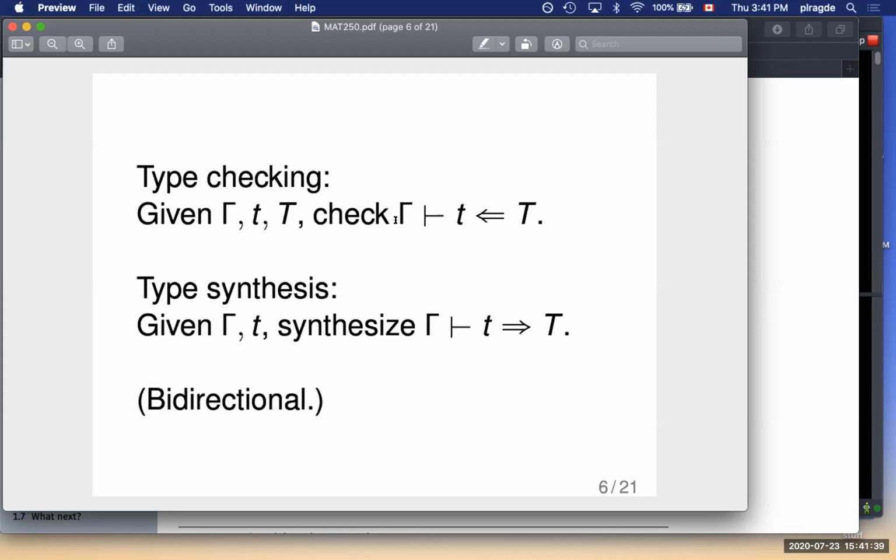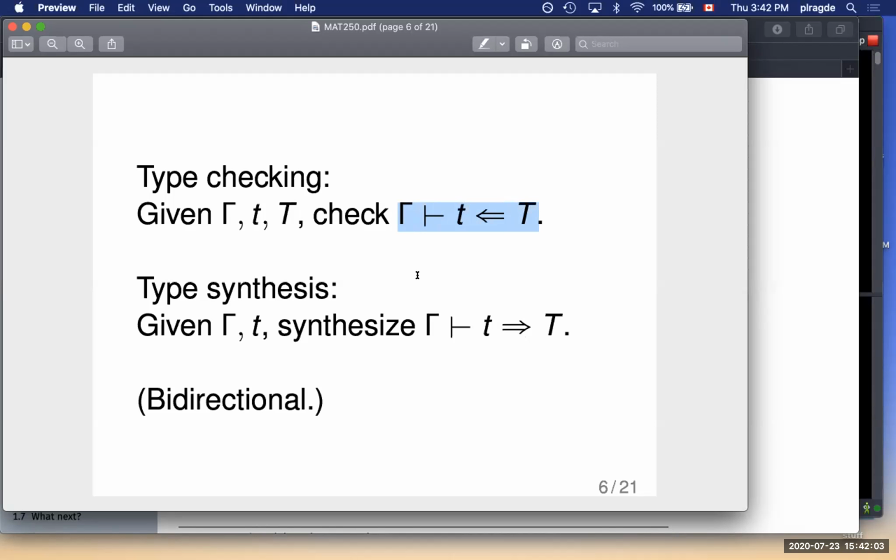So the sequent here is a relation between three quantities: gamma, little t, and big T. And it says these three quantities have the following relationship. Right? Equality is just a relation between two things, what's on the left side of the equal sign and what's on the right side. Here we have a relationship between three things, but it's a similar idea.